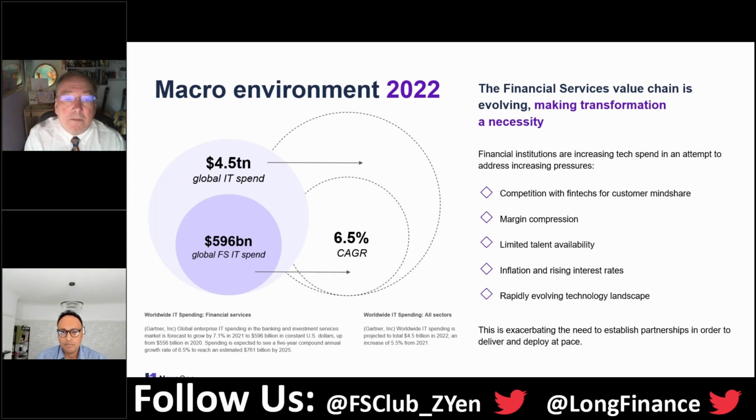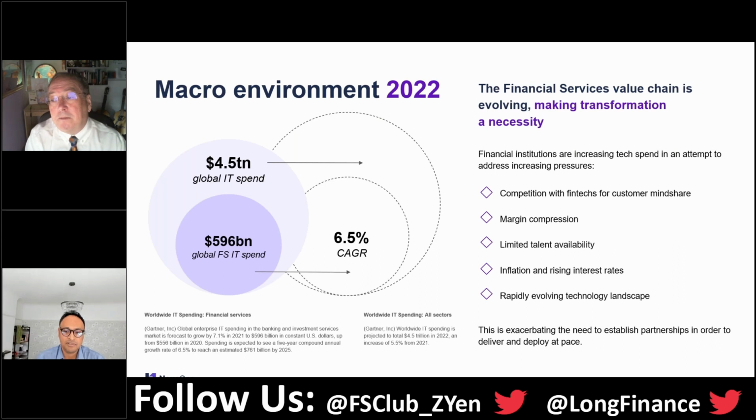We've also seen a lot of margin compression, driven by a lot of fintechs in the market offering a similar product at a much lower cost base or price point, fueled by venture capital money for all the right reasons of growth, and market competition is good.